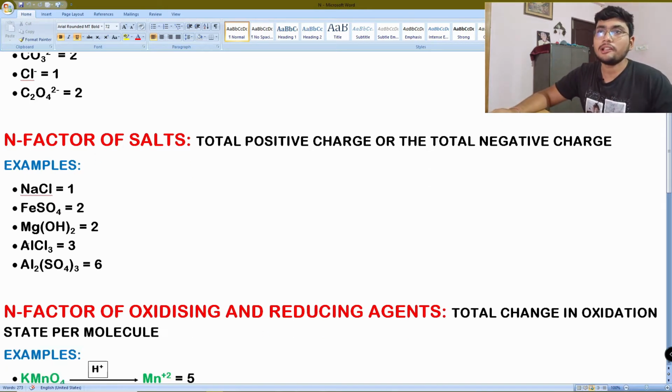Now the next example is magnesium hydroxide. Again the same thing. You know that the hydroxide ion always has a -1 charge on it. Here there are 2 hydroxide ions attached to magnesium, and overall it is a neutral species. So 2 negative charges are attached to magnesium.